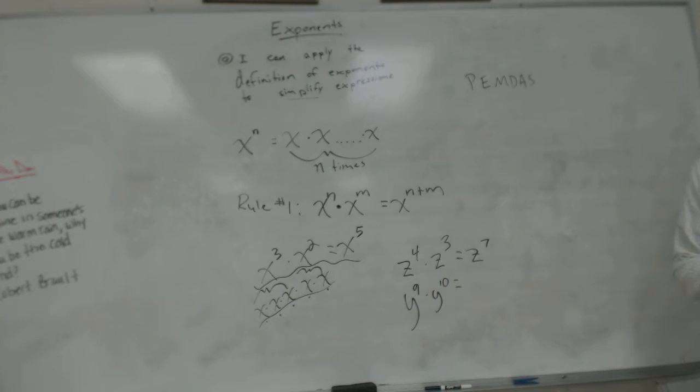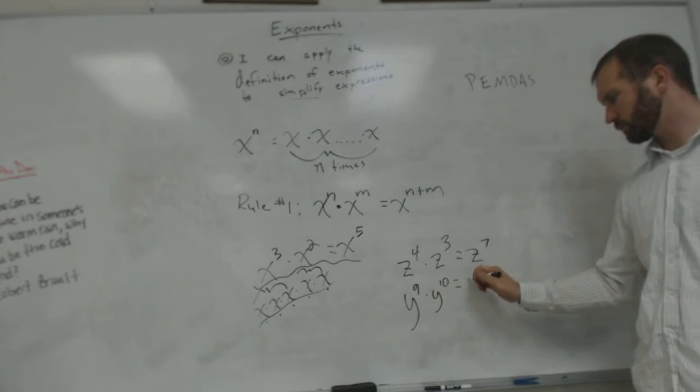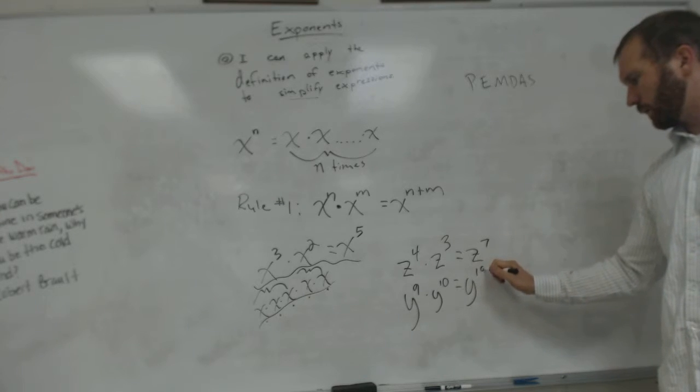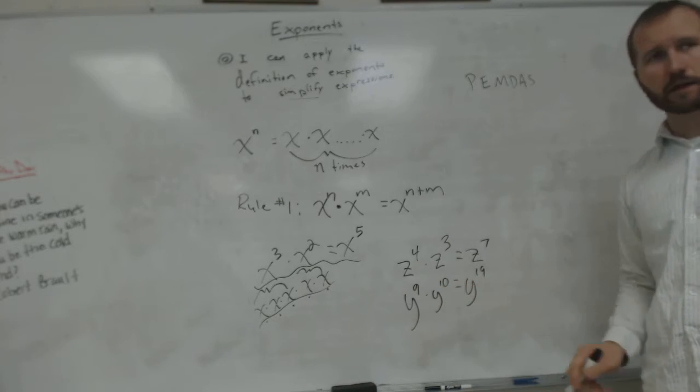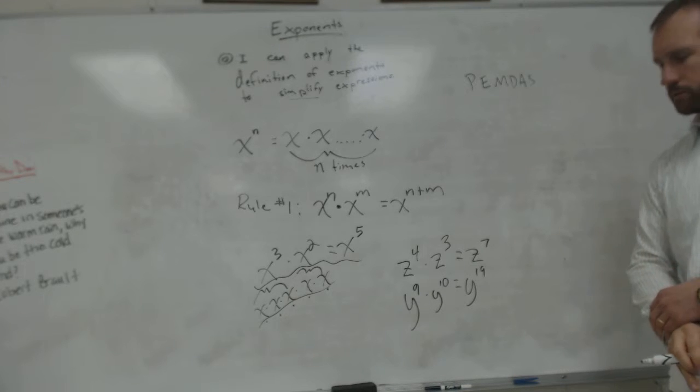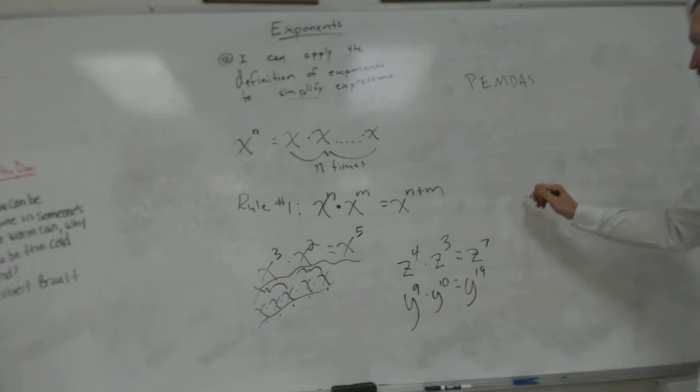What would that one be? Y to the 19th power, 9 plus 10. What if I have negative x to the 4th times x to the 5th? What would that be?